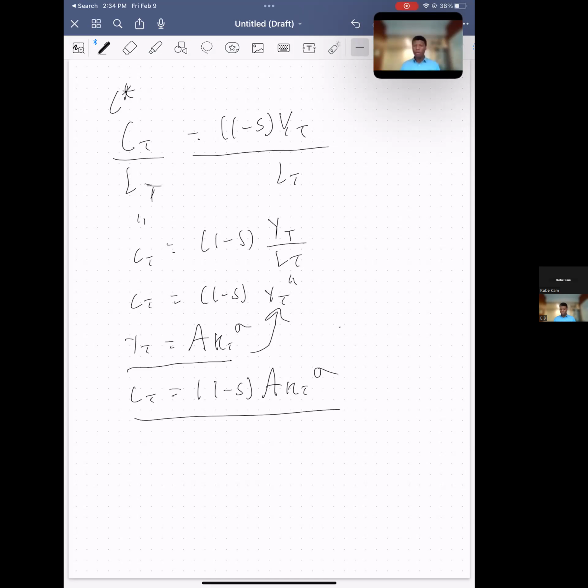Luckily, we already know that, don't we? That is just the steady state of per capita capital.